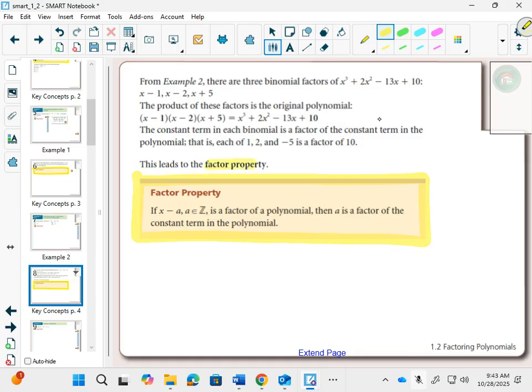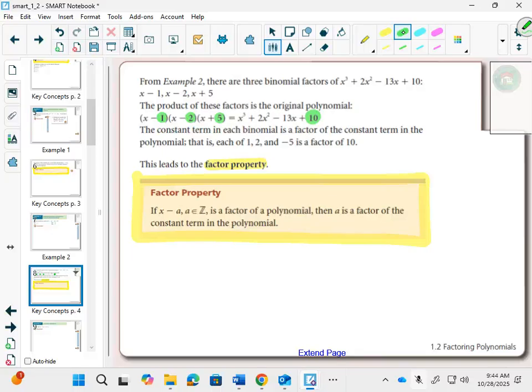It's called the factor property, which says, and the example right here probably shows it the best, that whatever the constant term of your polynomial is, if something's got to be a factor of it, it would have to work out that it's also a factor of that last term.